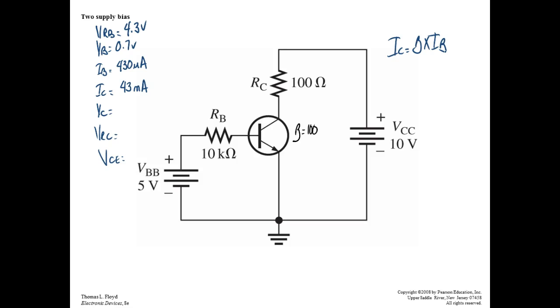No, you calculated IB as this. I gave you the beta of the transistor right there. So IB is 430 microamps, so IC would be equal to 430 microamps times 100. And of course, when we do that, we get 43 milliamps.